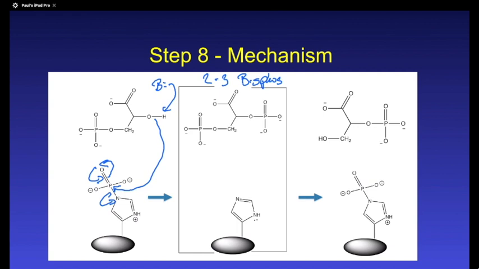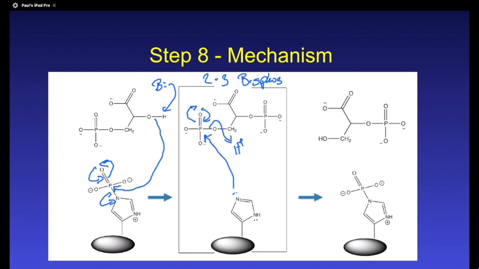And so now we can see from the product that this oxygen is a phosphate. Here it has to be hydroxide. We see that the nitrogen doesn't have a phosphate, but here it does. So what's going to happen is this pair of electrons is going to attack, kick up, kick down, and we always have a proton.